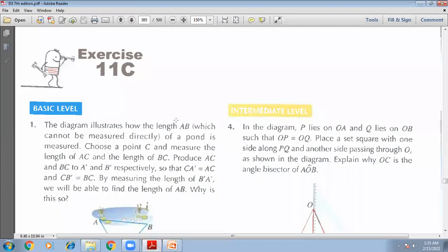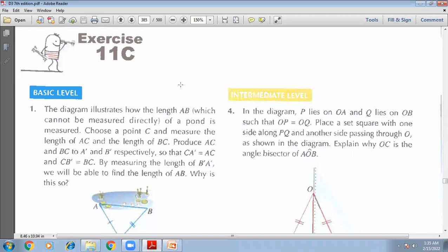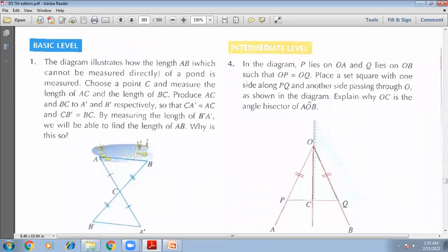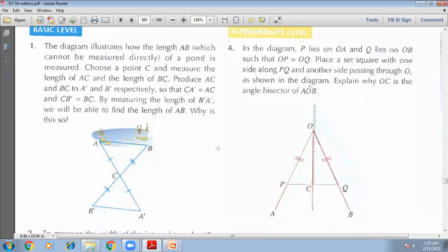The exercise we selected is 11C, and these are story sums, and this is from the D3 book. Okay. So the first question coming up on your screen is question number 1. It says, the diagram illustrates how the length AB of a pond, which cannot be measured directly, is measured.